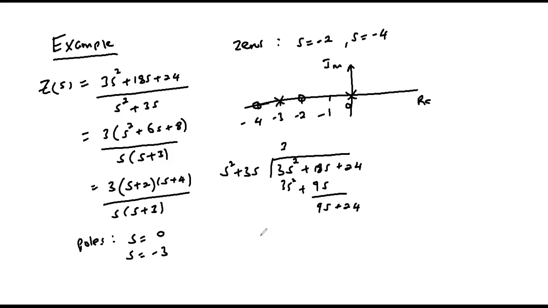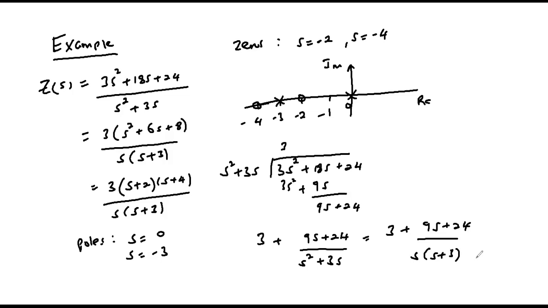Our transfer function can now be written as 3 + (9s + 24) divided by (s² + 3s), which we can write as 3 + (9s + 24) over s(s + 3). We need to put this into partial fraction form as follows.